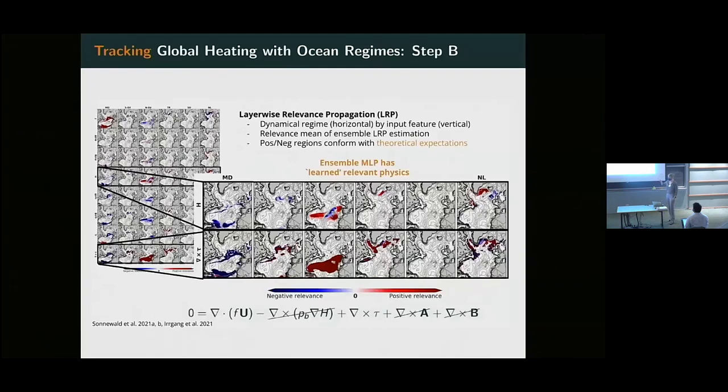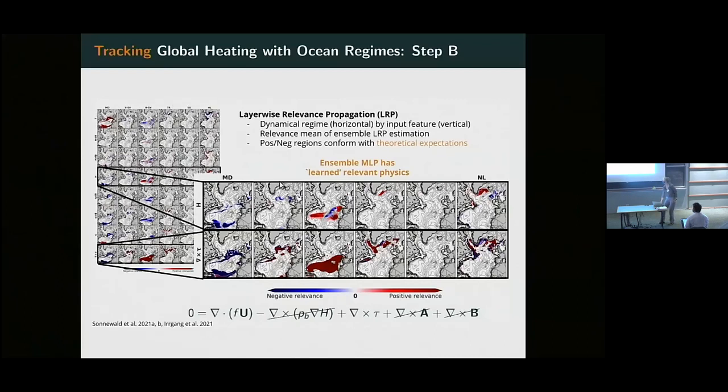So going back now to the data that we were working on. Applying layer-wise relevance propagation, I'm just showing you a highlight, an excerpt here. On the y-axis, there are the different inputs. We use the gradients of some of them, for example, as well. That's why there are a few more. And on top here, you have the different dynamical regimes.